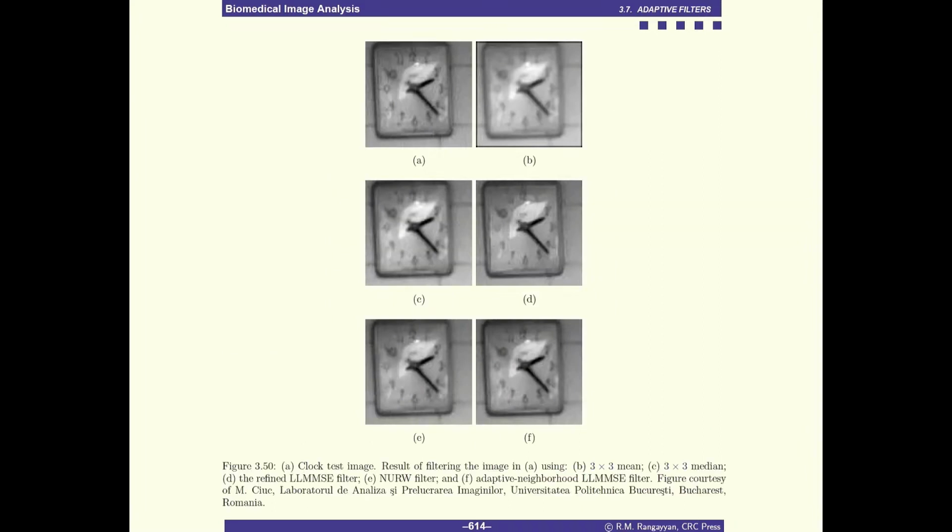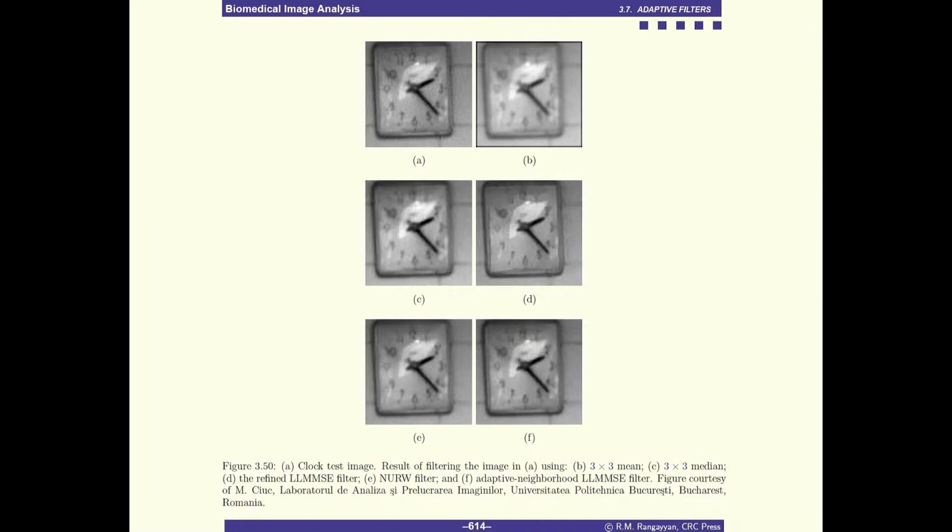So this is with the test image, the clock image. So 3 by 3 mean, median, the refined LLMMSE filter, and there was another noise updating recursive Wiener filter that we didn't talk about yet. This is the adaptive neighborhood filter.